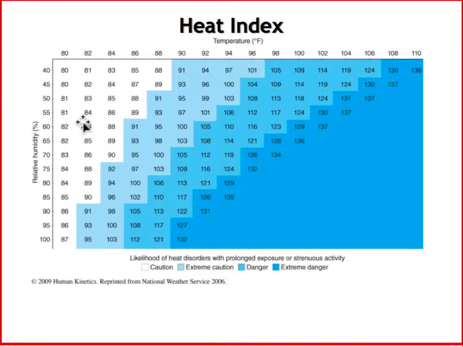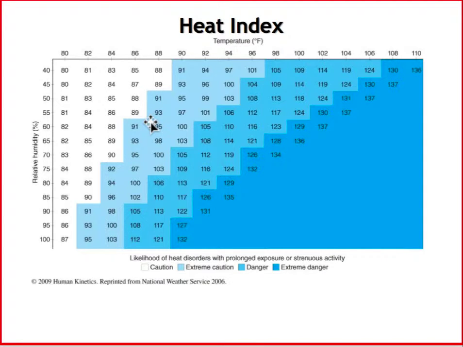What you'll notice is there's this table with a white region, a blue region, and a progressively darker blue region, and you can see here what those regions mean. The white region is caution and the blue region is extreme caution, and it progresses from there.